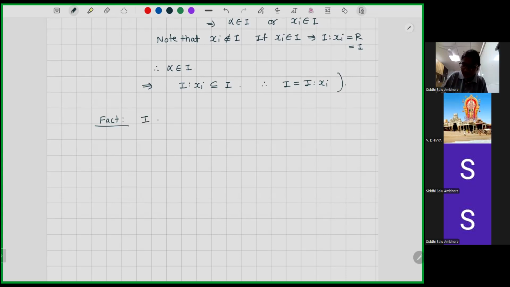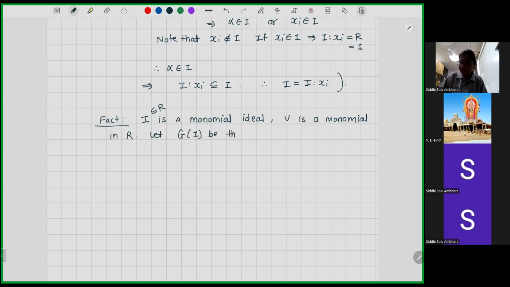The fact is that if I is a monomial ideal in R, and V is a monomial in R, and let Gi be the generating set of I.